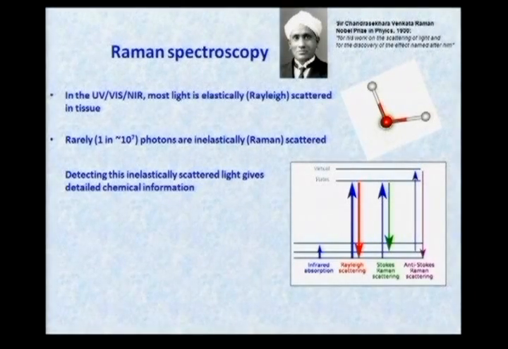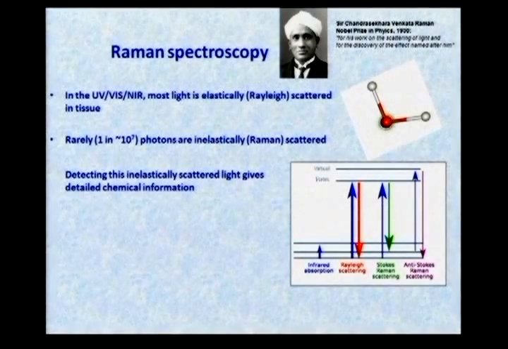The Raman Effect was first described by Raman, who was an Indian physicist and Nobel laureate. He won the Nobel Prize in Physics in 1930. And what Raman discovered was that when light interacts with a medium, such as this laser light hitting my hand, what you see is mostly light that is elastically scattered.